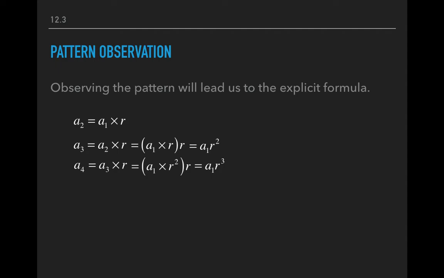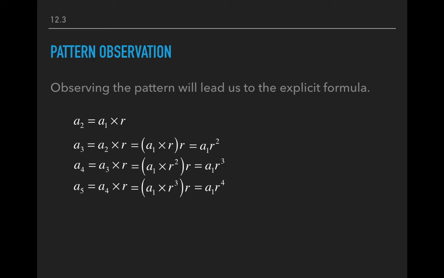So we've rewritten this. a5 is the fourth term, the previous term, times the ratio, but we know that the fourth term was actually the first term times r cubed. I'm just substituting in what we just found. And now look what we have. We have r cubed times r, which gives us r to the fourth.